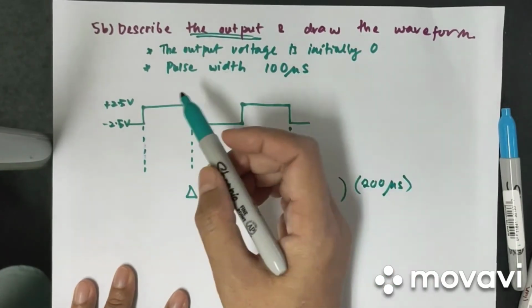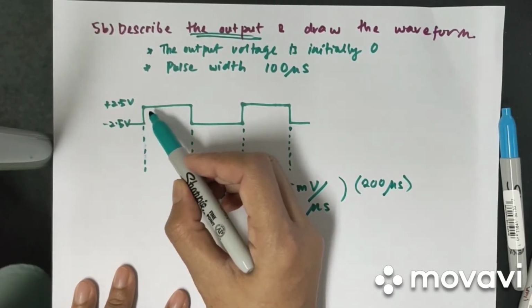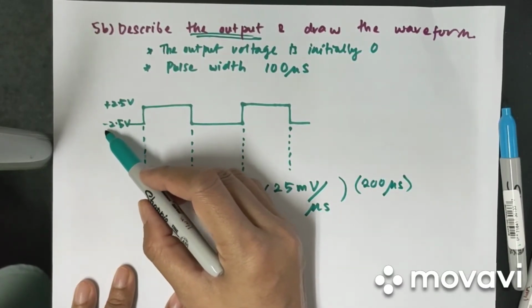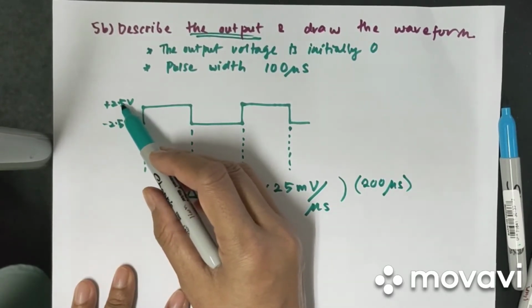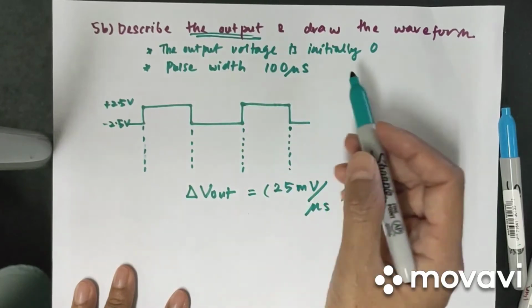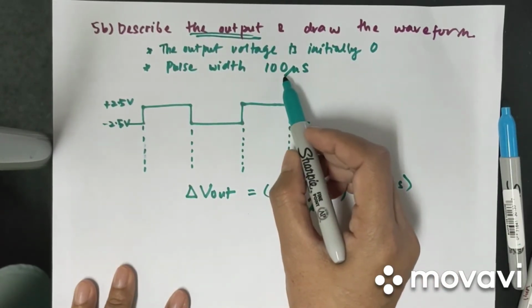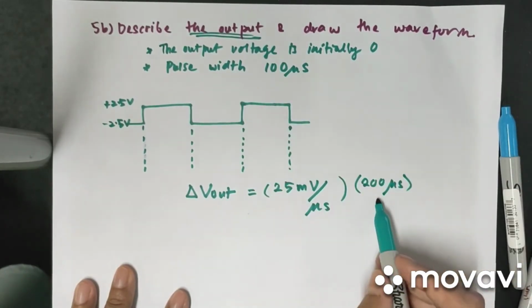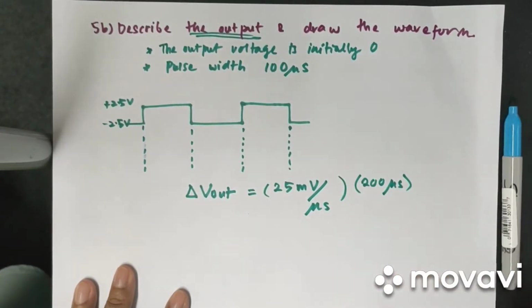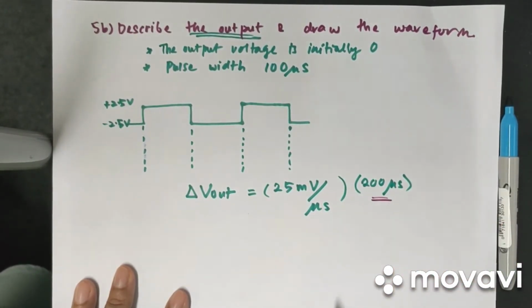So for the complete transition from negative 2.5 to positive 2.5, it requires a double pulse. Double the pulse, so we get the resulting pulse width.